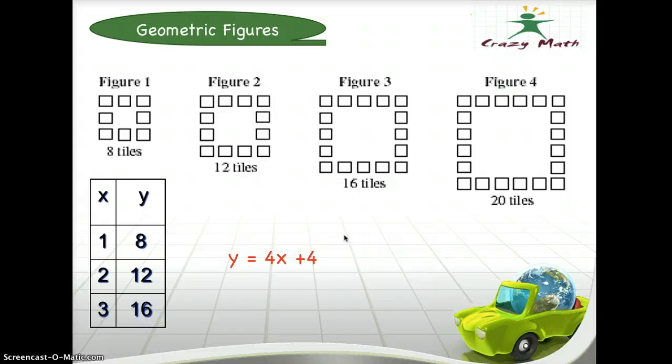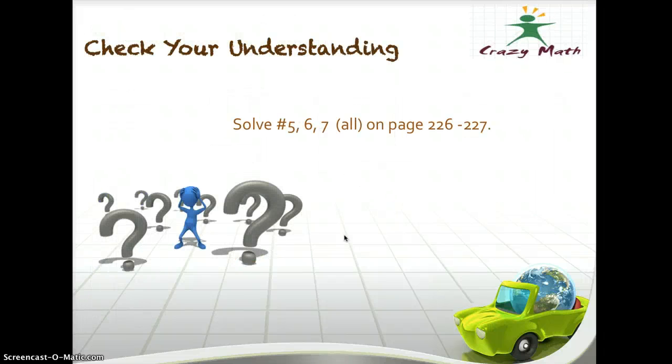It should be y is equal to 4x plus 4. Remember that it's not always plus 4. It could be minus or subtraction. So you have to be careful. Always check your rule for at least 3 values of x. Now, to check your understanding, solve number 5, 6, 7 on pages 226 and 227.